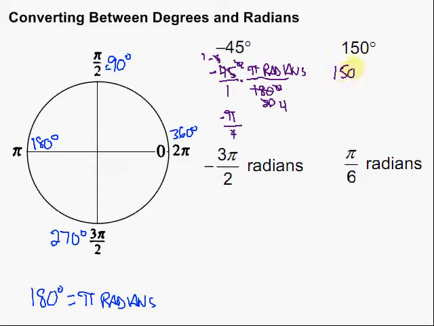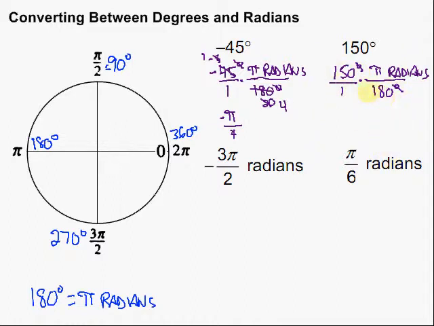Okay, let's try this one. We have 150 degrees, and I want to convert it to radians. So again, it's going to be a similar situation, taking this important piece right here and setting it up so that the degrees will cancel out. So that means I need to put the 180 degrees on the bottom, pi radians on the top, and again my degrees will cancel out.